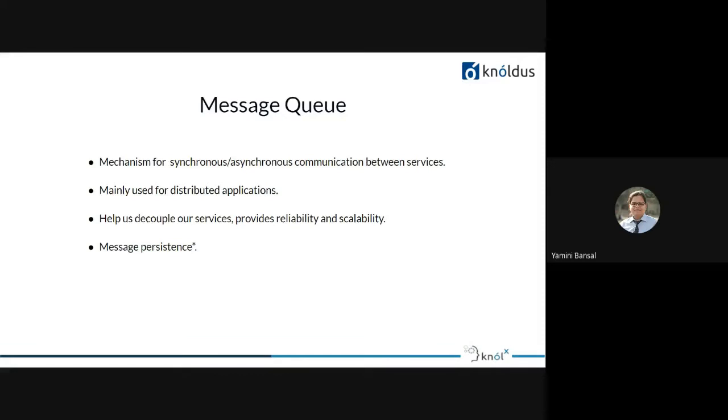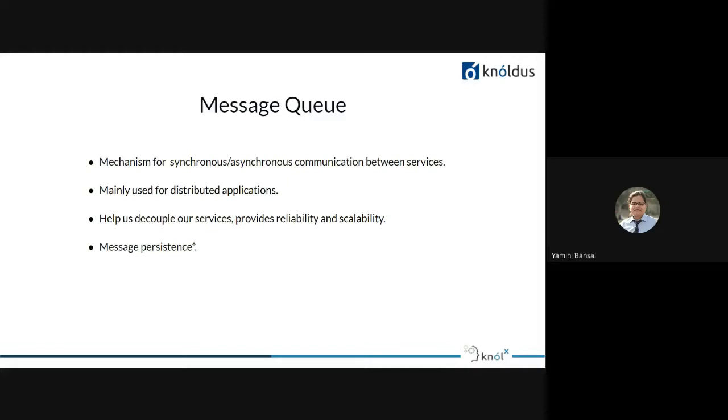Starting with a small scale application, and after the recognition or high demand, we may like to scale and distribute our application. So when we think of our application being scalable and distributed at some point in time, we must also consider the fact that it is going to face component failure, we can say service failure, or unavailability of a particular component.